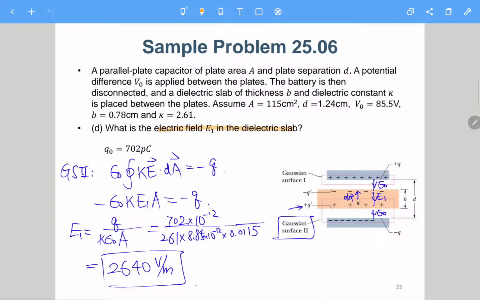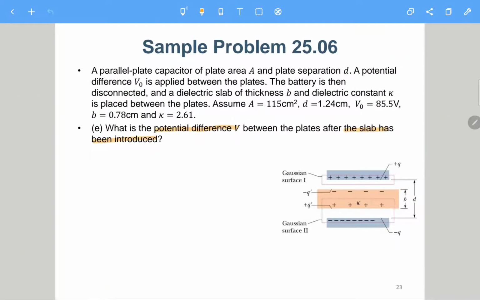So now, after getting E1 and E0, we can calculate V by integrating E dS from negative to positive plate. The E field is uniform, at least in this region, so this line integral is nothing but multiplication. But we need to separate it into two parts.